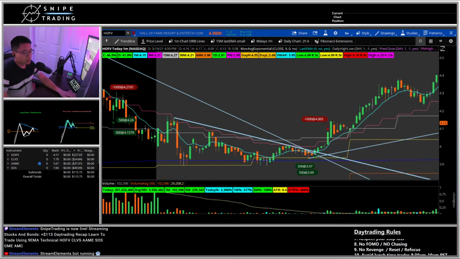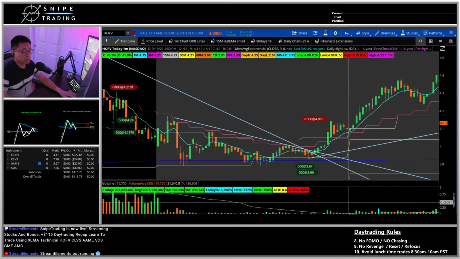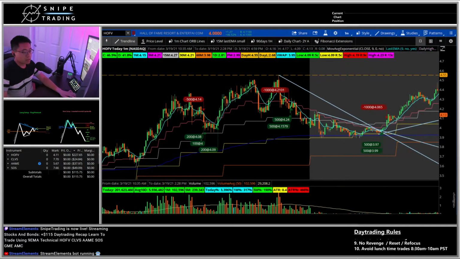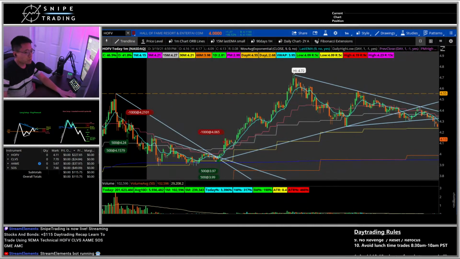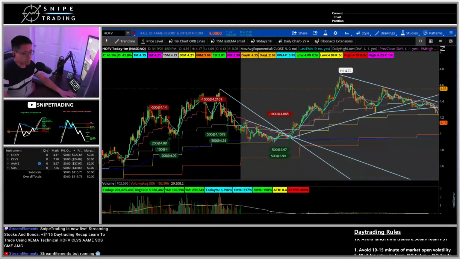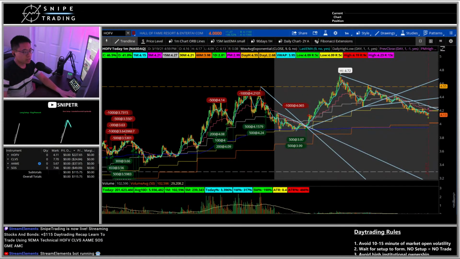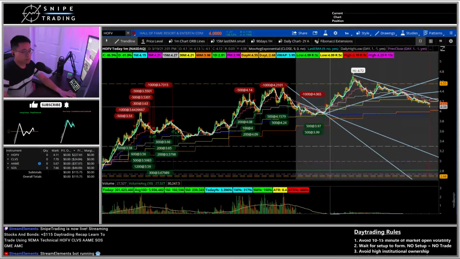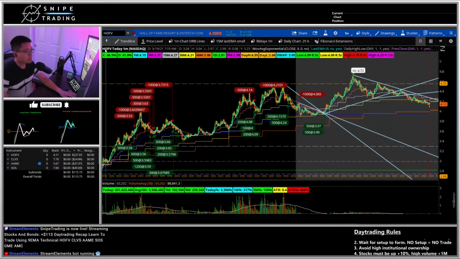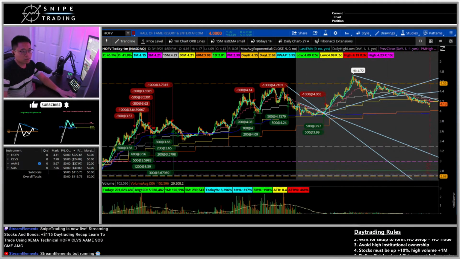So I took some long here and just held on to that push, and it was a huge move. I didn't pocket all that gain, but it was a pretty big move. I need to learn how to trail these a little bit more. I feel like I get the best entries, but not the best exits. So that was HOFV.